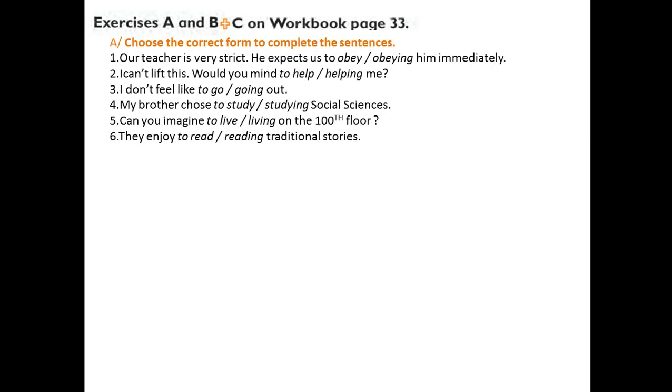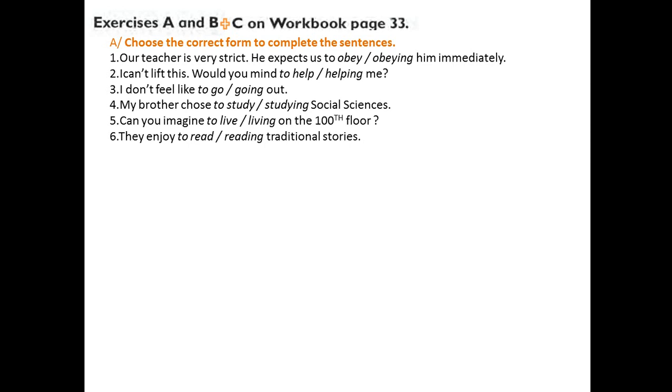Now you have exercises A, B and C on workbook page 33. Choose the correct form to complete the sentence. Number 1: Our teacher is very strict. He expects us to obey him immediately.